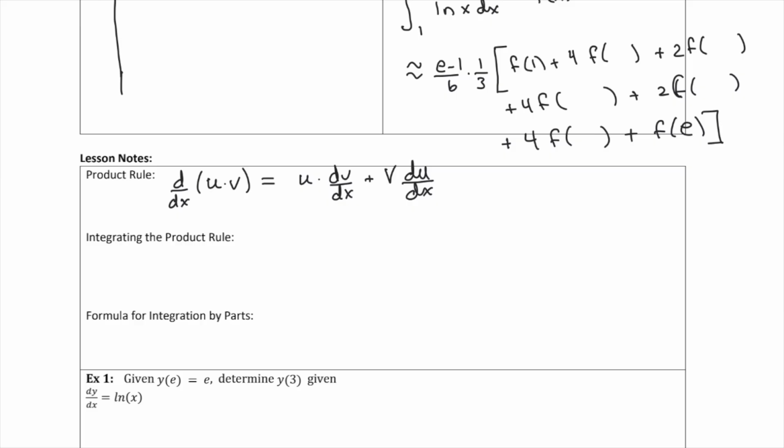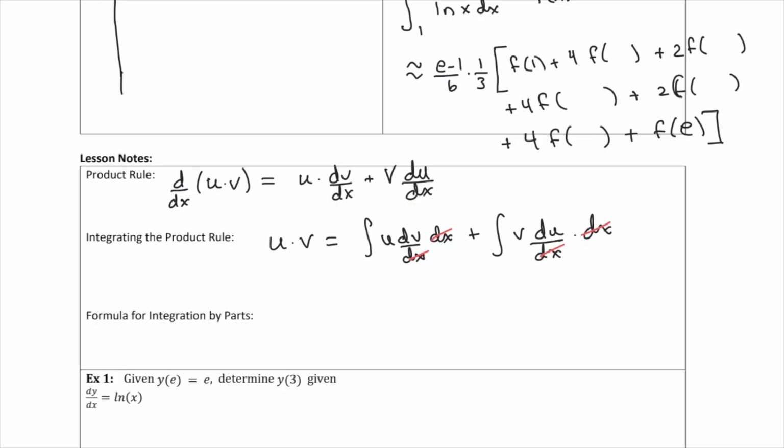Now, if we go backwards and integrate both sides, we will have u times v is equal to the integral of u dv over dx, with respect to x, plus the integral of v du dx times dx. So the dx's, of course, cancel out, which is highly convenient.